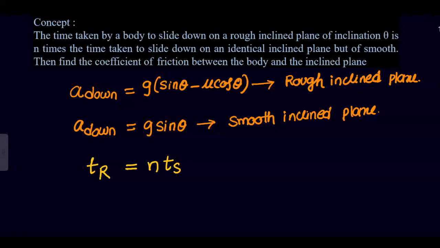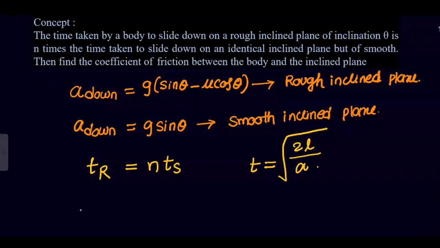This we have to use here. And what time formula have we seen? Time to slide down is equal to square root of 2L by a. So corresponding a we have to use: for the rough inclined plane, the rough a, and for the smooth inclined plane, the smooth a.